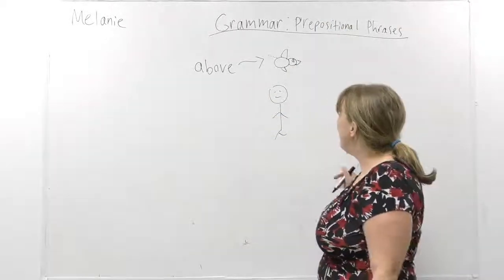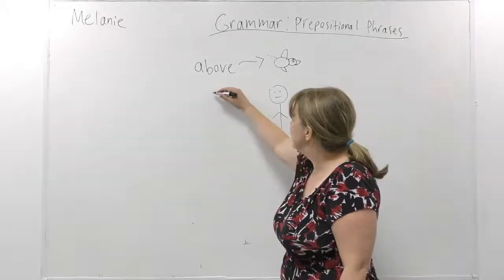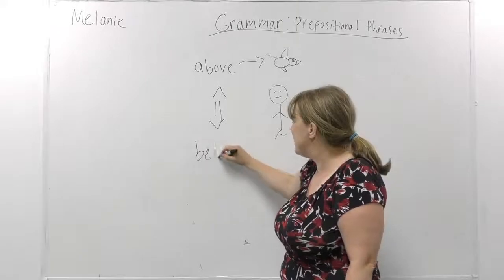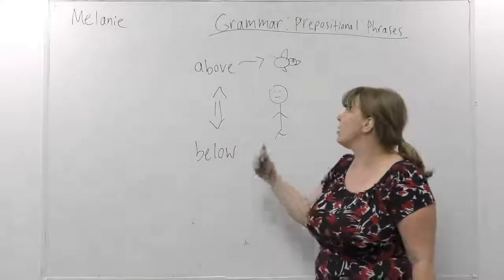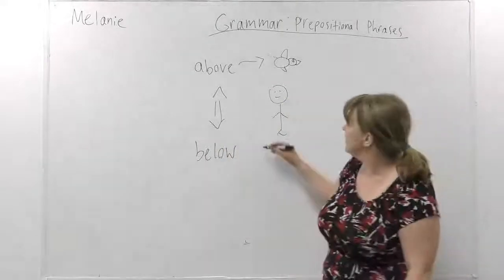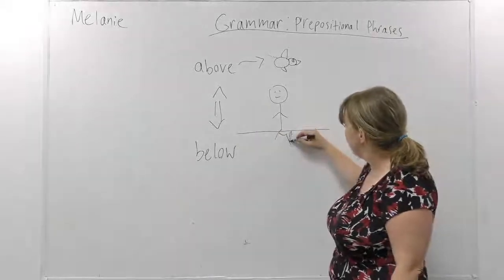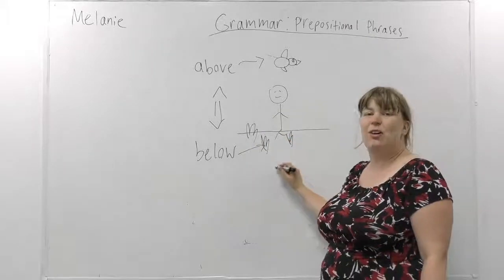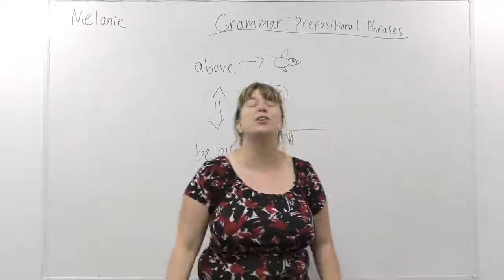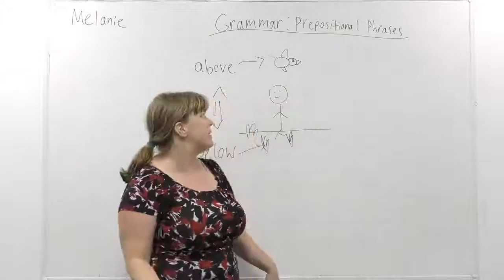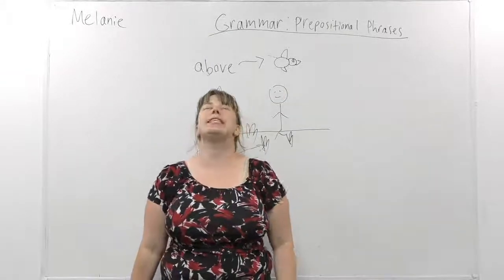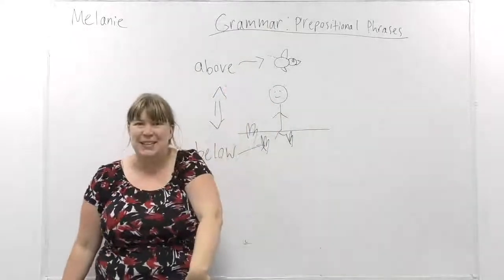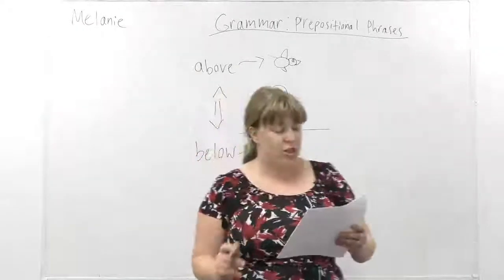Okay, and the opposite, let's do it in opposites because I think this will make it easier. The opposite is below. So this is under. So for example, look at all this grass. I am stepping on the grass below me, and I'm looking at the birds in the sky above me. Above, below. All right, so those are 2 prepositions out of the way.